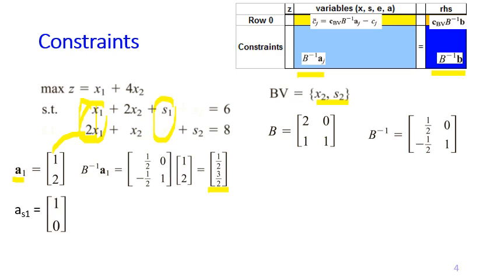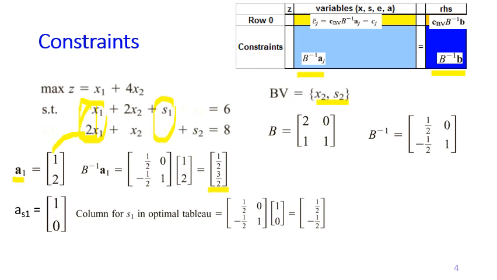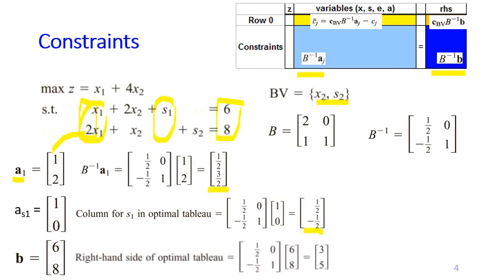For s1, we do a similar thing. A for s1 is 1, 0, and B inverse times A for s1 equals this. For the right-hand side part, the small b is 6 and 8, so we get the optimal table value for the right-hand side as 3 and 5.